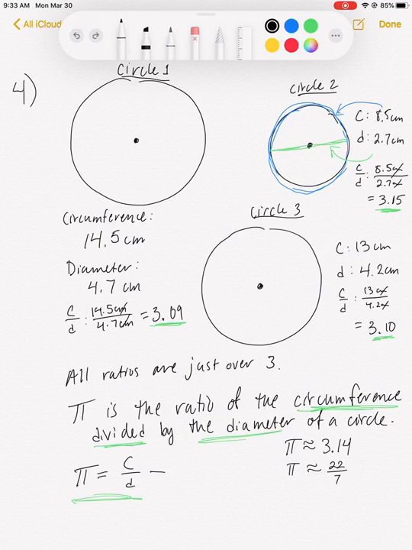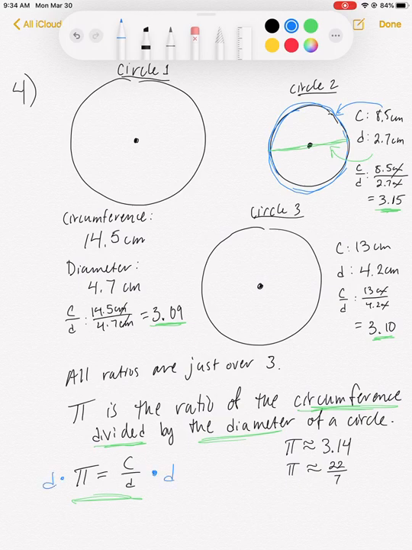Let me go ahead and do that first. Sorry, not multiply by c. Let me back up. That won't help us any. We multiply by d. Can we get c by itself?